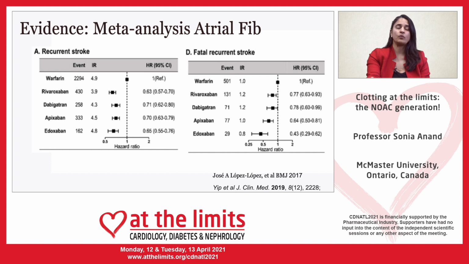The evidence when we compare DOACs to warfarin, this is an example from atrial fibrillation, really show we have equal, if not slightly superior benefit of the DOACs in terms of reducing thrombotic events. Shown here is stroke and recurrent fatal stroke.